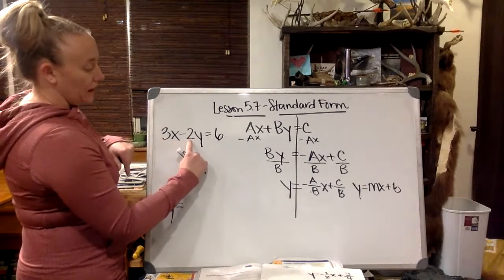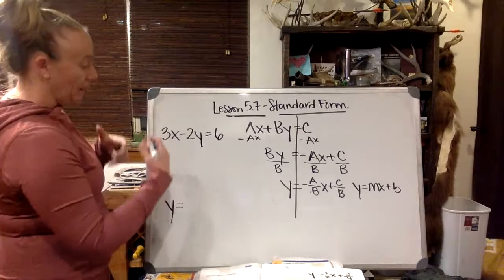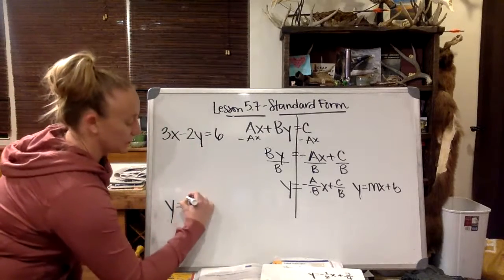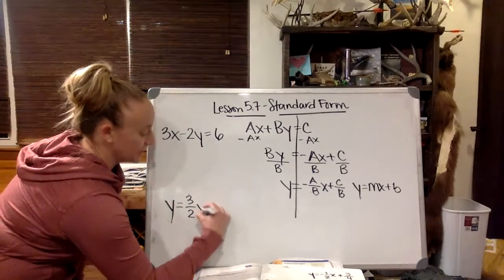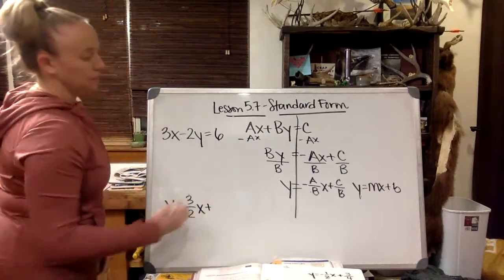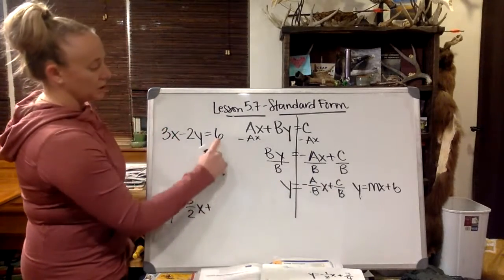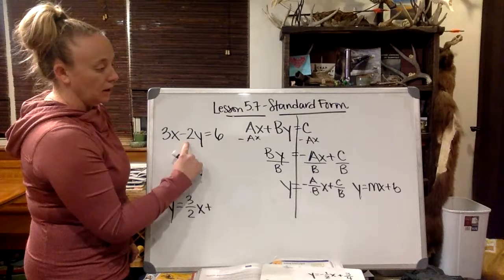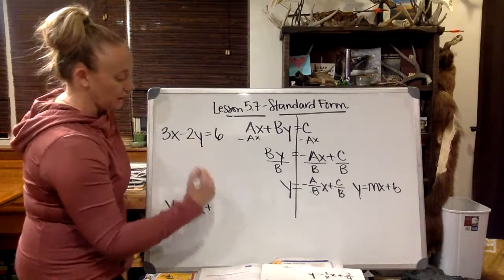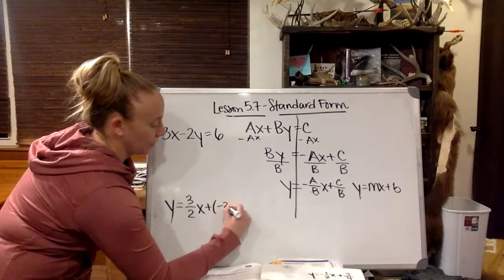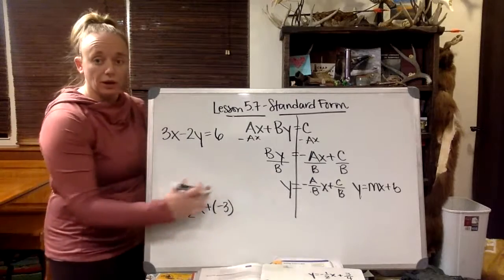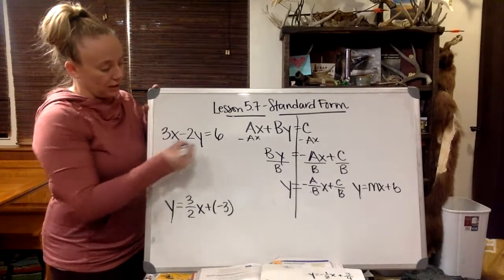So negative 3 over negative 2 equals 3/2 x plus c over b, which is 6 over negative 2. So 6 divided by a negative 2 is negative 3. So this is what I should end up getting after I finish this actual conversion.